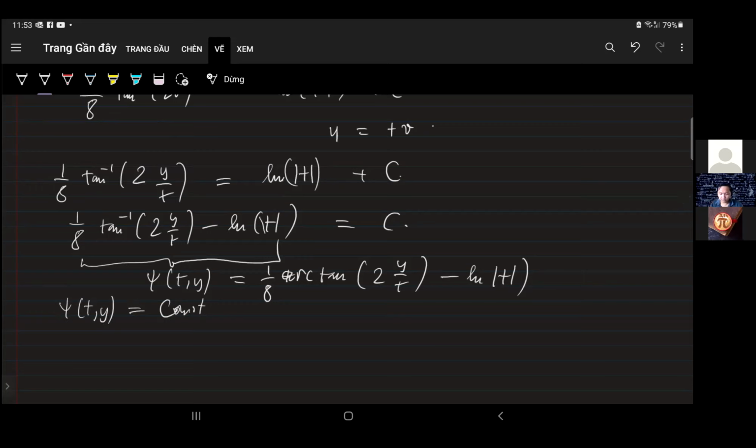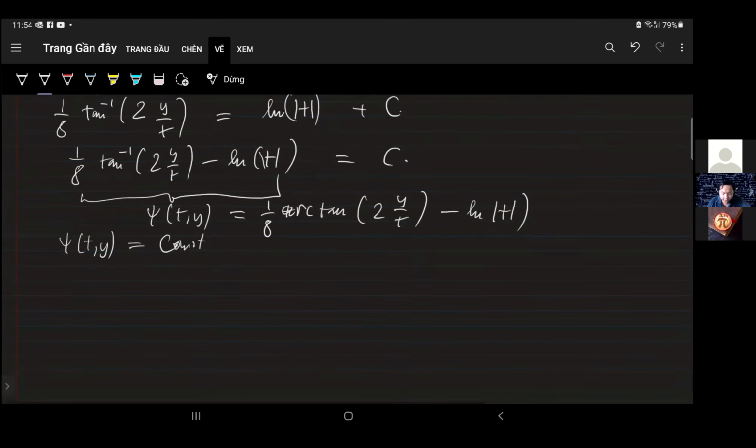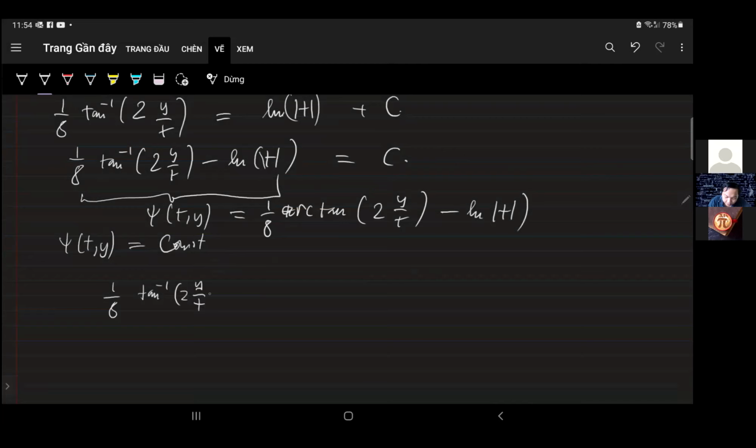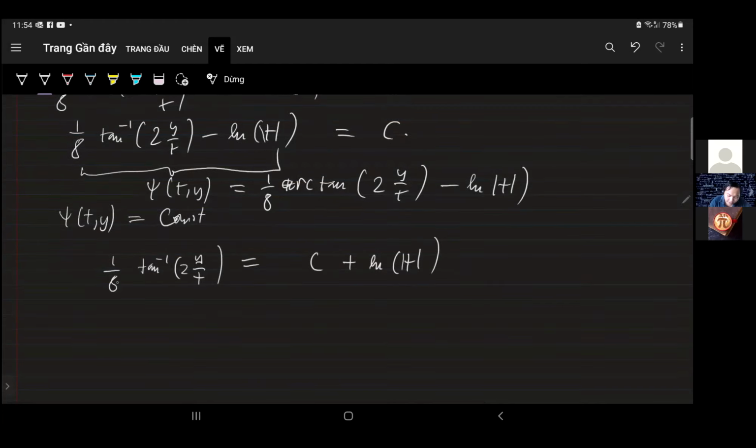Okay, so if you wonder how we find the explicit form, it's okay to do that too. If you want to find the explicit form, then you just need to solve for y by manipulation: add log of t, and then multiply by 8.